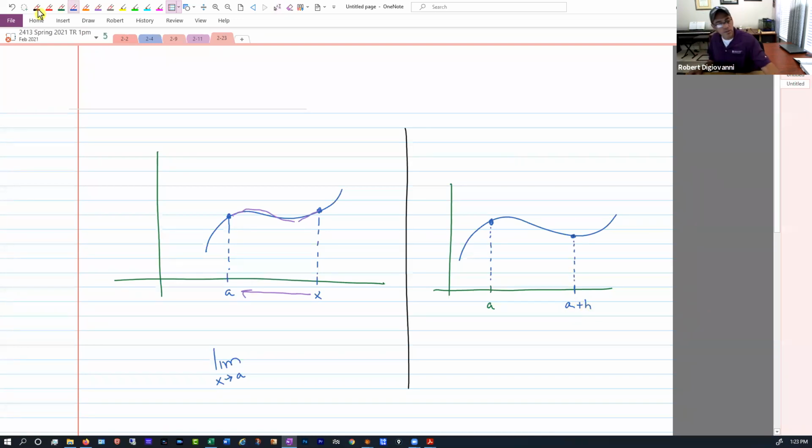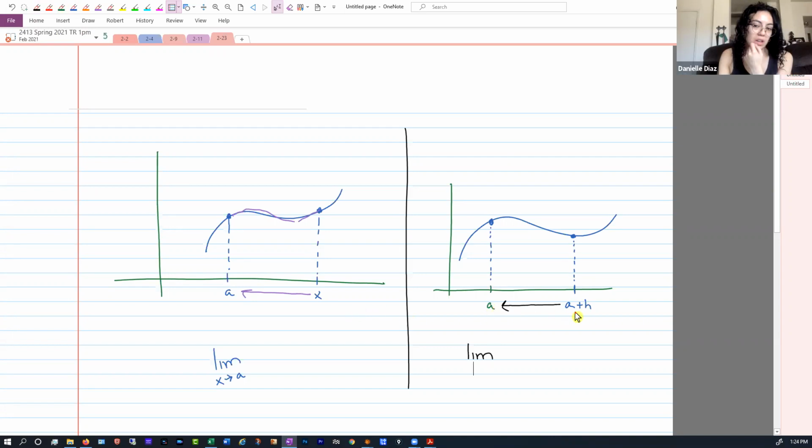And now I'd like to see if I can slide this point over to here. So can somebody tell me what limit I would have to take to make this get closer to A? Isn't it h approaches 0, right? Okay, yes. So in this one, in order to let the x get close to A, all you had to do is say, let x go to A, right?